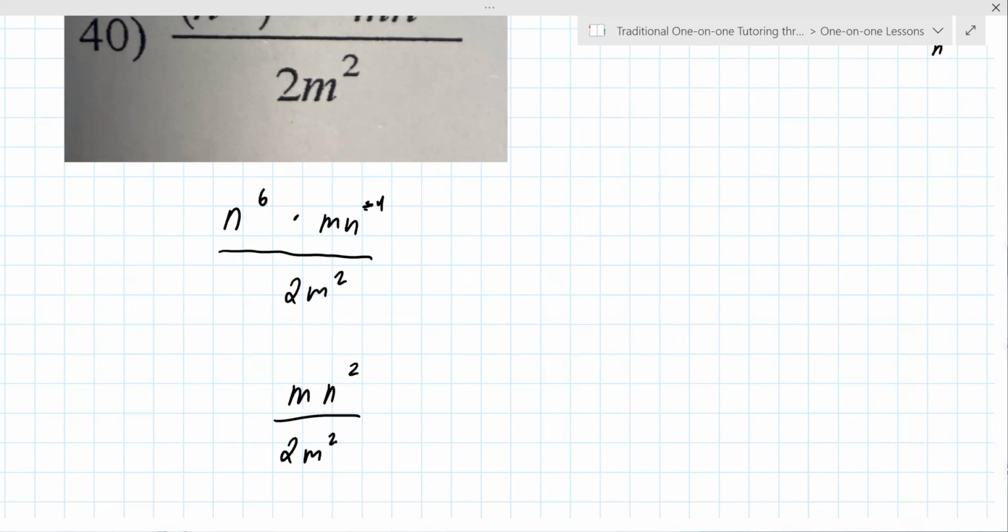What do you see now from here? Can you simplify it further? Yes. So it's m to the power of 1. Maybe that helps.